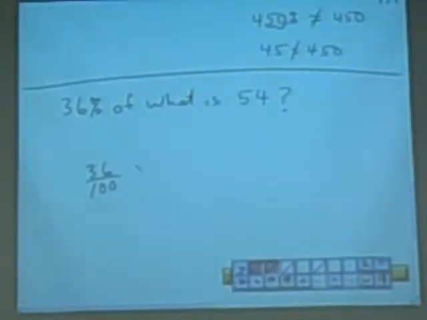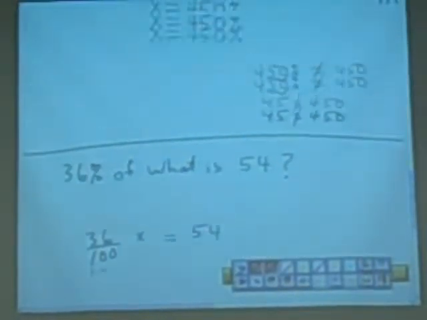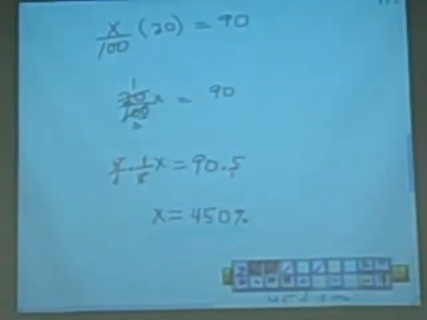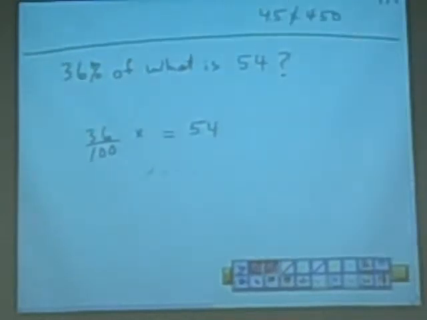Well, we don't know what that is, so that's x equals to 54. Now this last time we had x over 100. We changed it to a rational number. But here we can go ahead and just make that into 100 divided by 36 is 0.36x equals to 54. And then we solve for x.